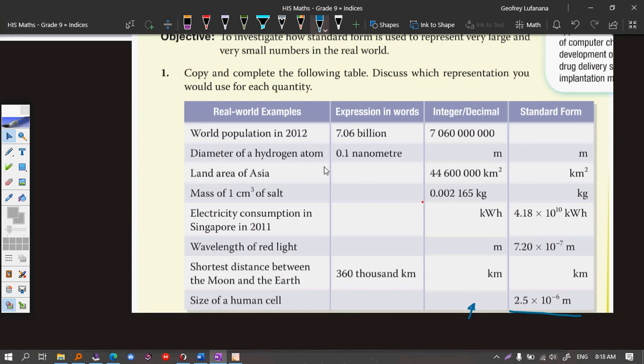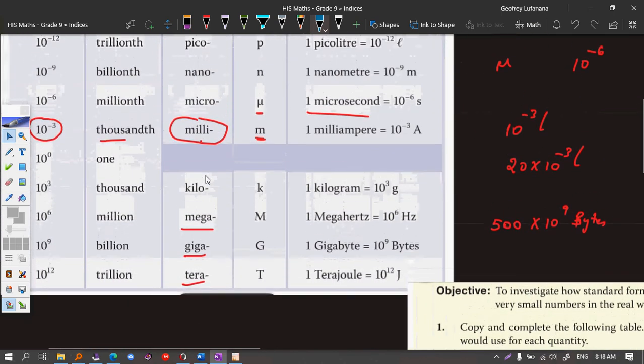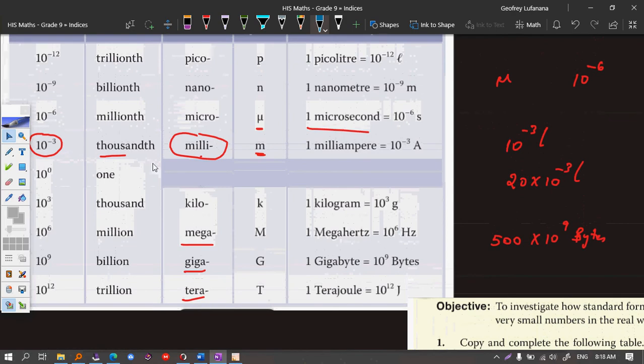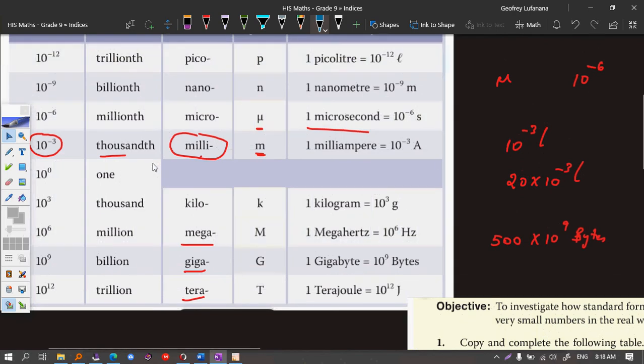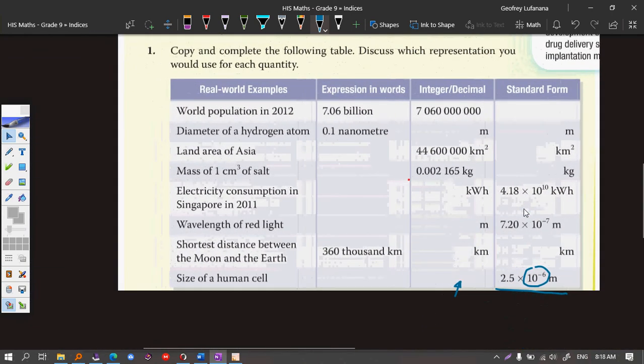So because you know that this is times 10 to the power negative 6, you look in your table and find out what does times 10 to the power negative 6 mean in words. And that is over here. So that means that I'm going to use the prefix micro. So I'll come over to my table and complete that.